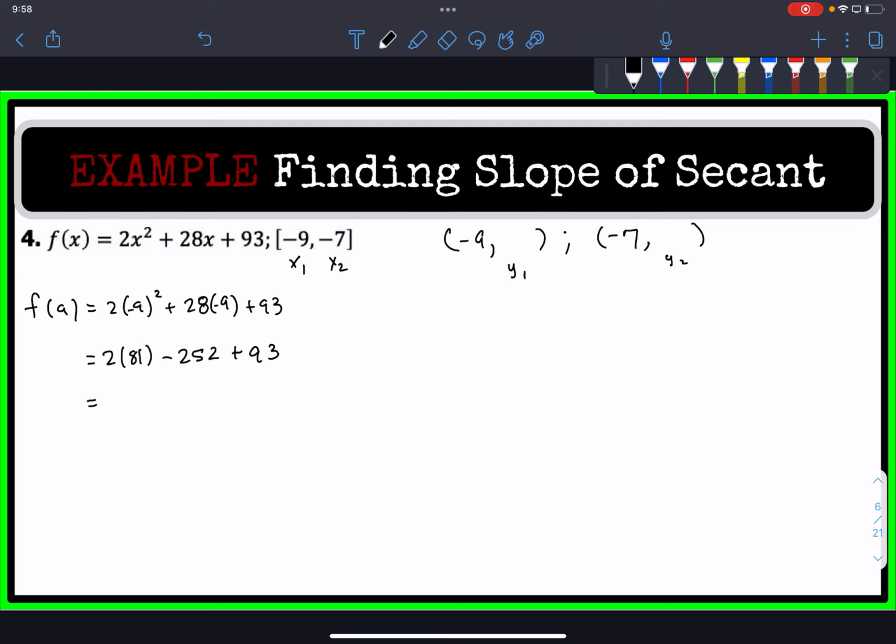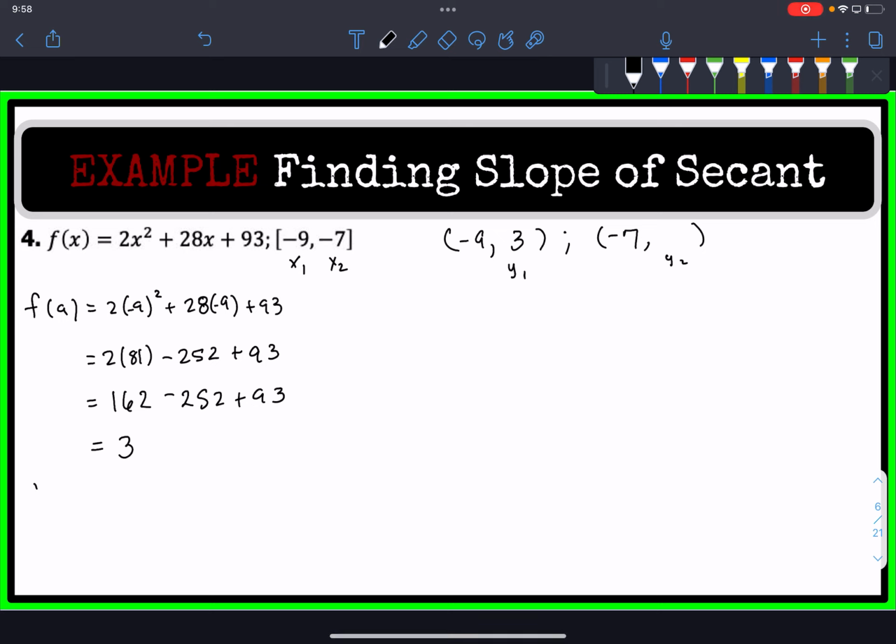That's equal to 162. So now subtracting 252 from 162 and then adding 93 gives us a total of 3. So that's the y value for x is -9.